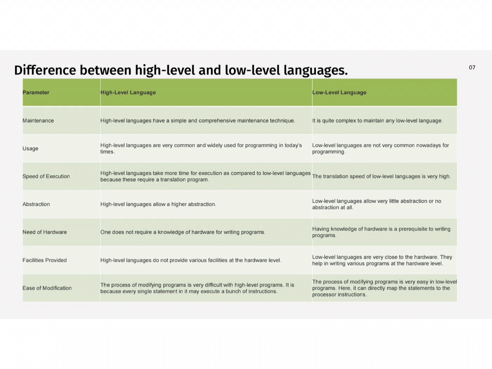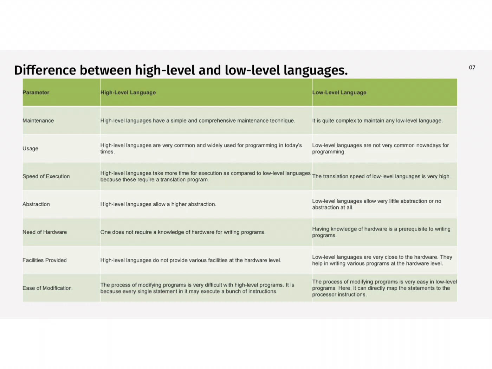But what is the major difference between high-level languages and low-level languages? Why are high-level languages much more preferred to low-level languages? Well, let us look at that on various parameters. Firstly, looking at the maintenance. A high-level language has simple and comprehensive maintenance technique, whereas a low-level language is quite complex to maintain.